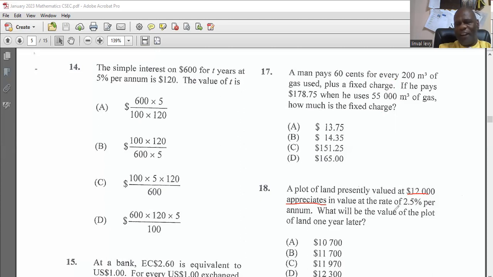I could write 2.5% as a whole number as 25 over 1,000.